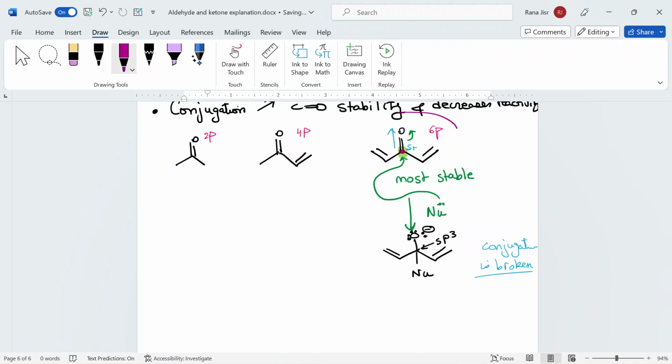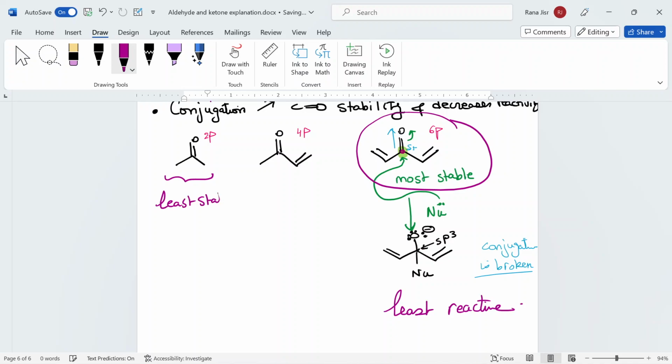So even though this structure is most stable, however, it's going to be the least reactive towards the nucleophilic attack. This structure over here is going to be the least stable because there is no conjugation. And since there's no conjugation, it's going to be the most reactive.